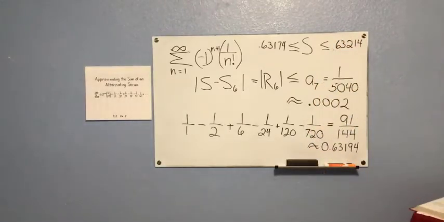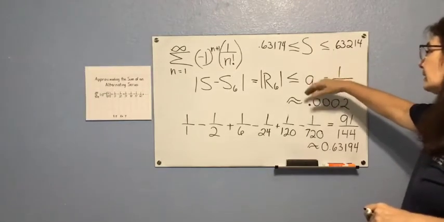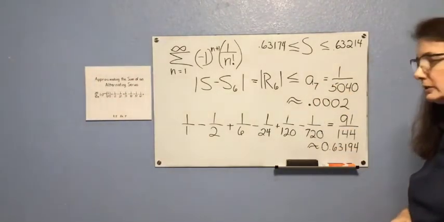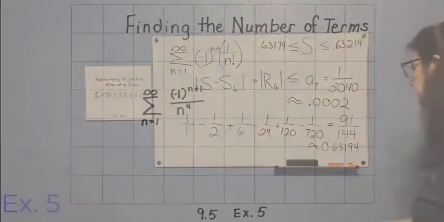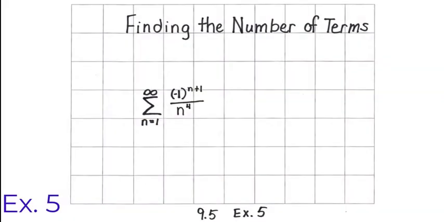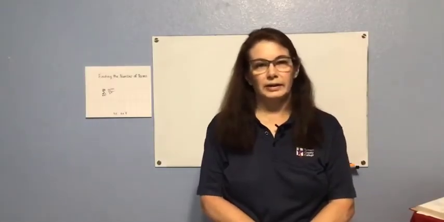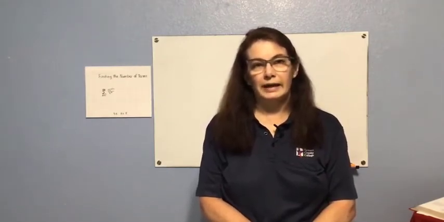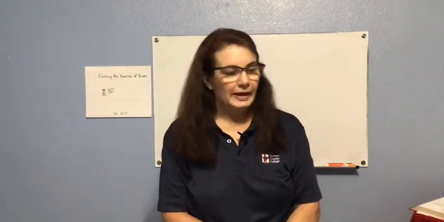Okay, so now I have an estimate for the sum, and I've got it narrowed down to a pretty small range of how accurate that sum is. We can also use these calculations to figure out how many terms we need, how many partial sums we need to get an estimate that's within a certain range. Let's look at that.